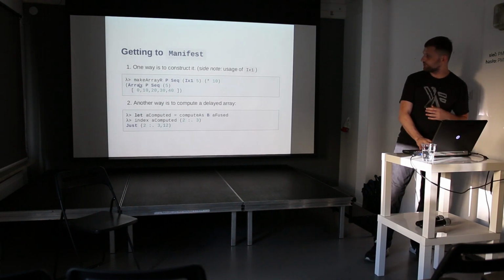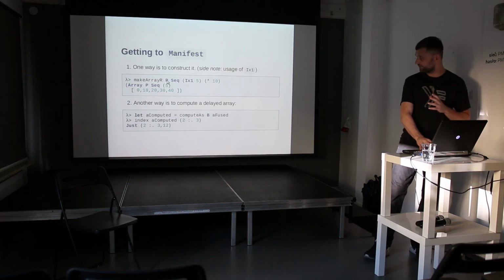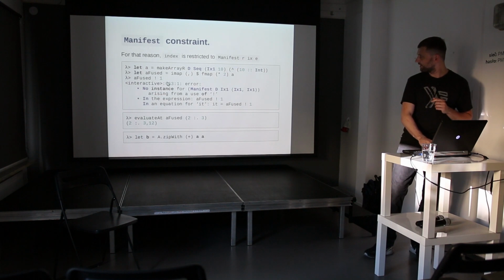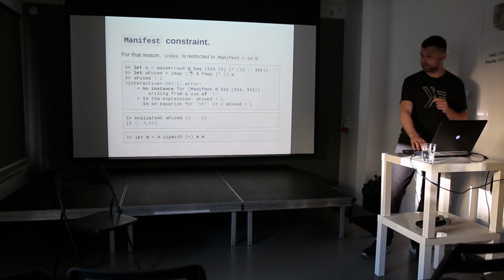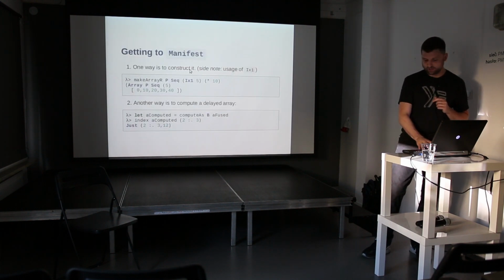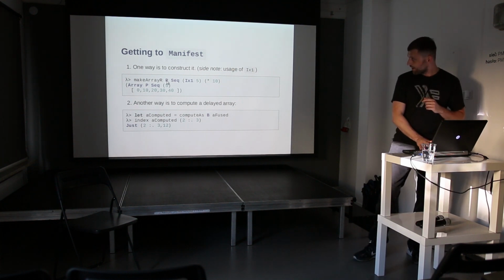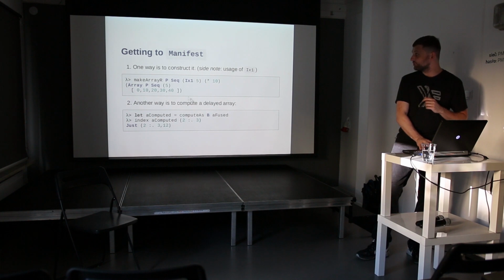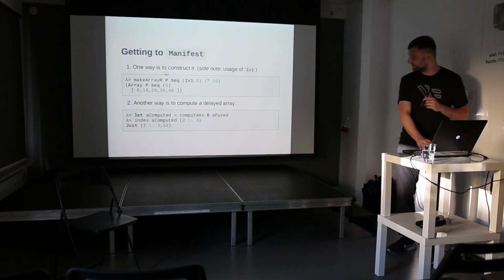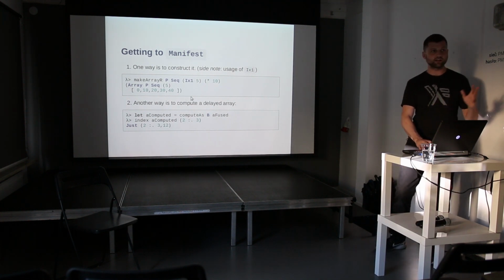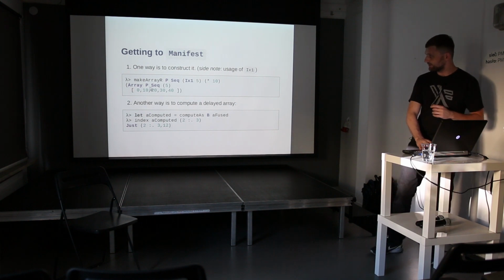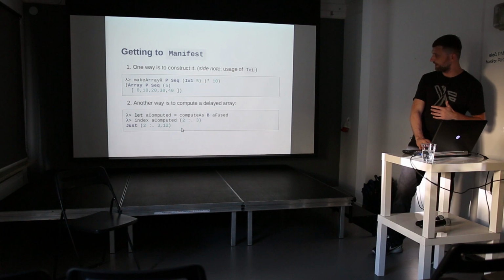Oh, by the way, this function makeArrayR allows you to pass over that representation, and the representation in this case is P. Before it was D, which stands for delayed array, and P stands for primitive. I'll talk about those in a little bit. We can construct a manifest array. In this case, this array can be indexed in constant time, and this stuff is in memory. And we can go ahead and index it.